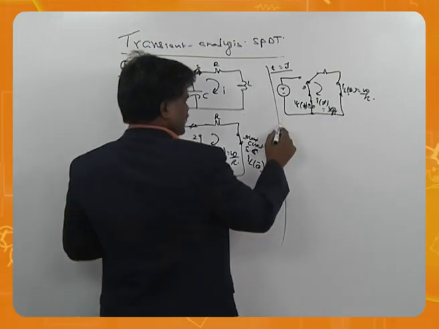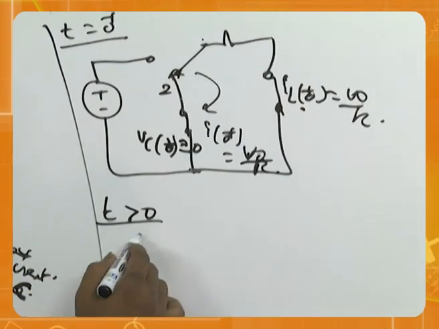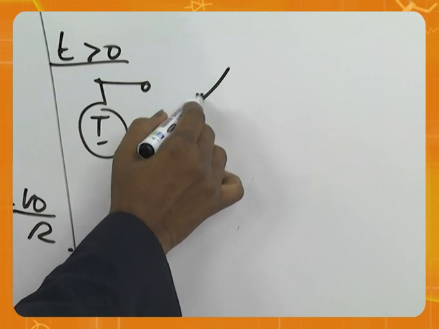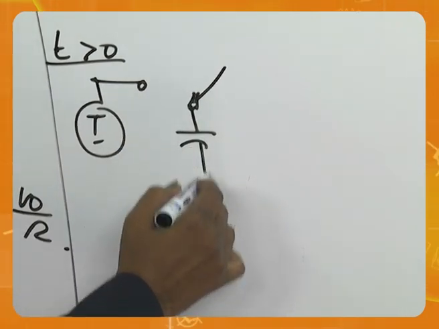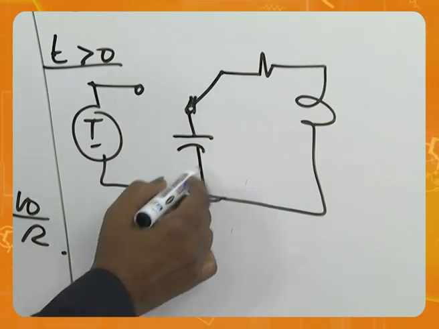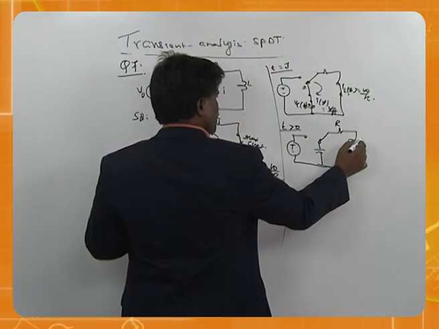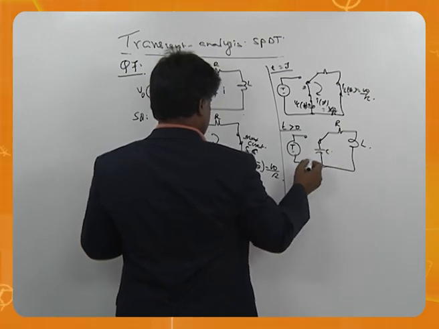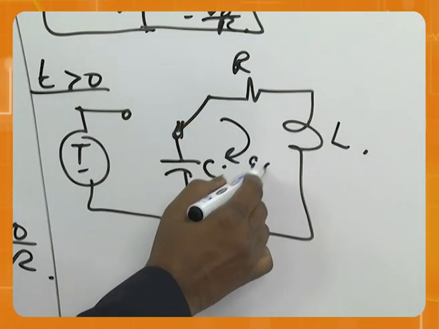Now what will happen for t greater than 0? V naught is here, but switch is here. Capacitor is there, inductor is there. R, L, C. This is I of t.